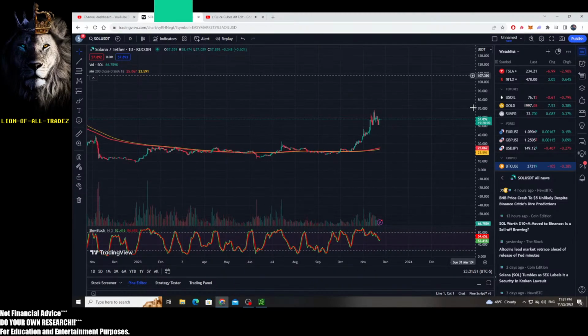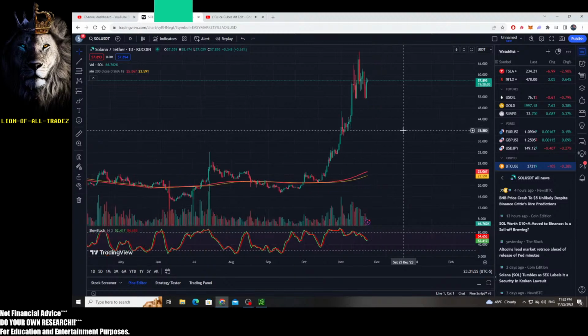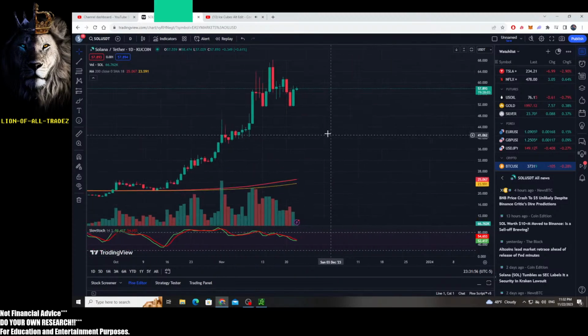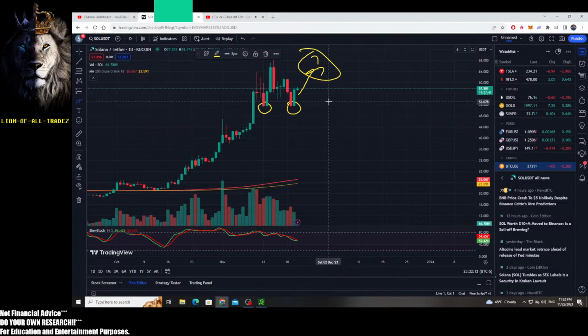Yeah, there goes the bottom right there. Boom. Yeah, double bottom right here. Double bottom. The area of uncertainty.